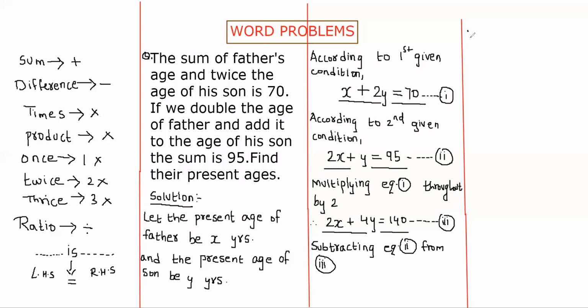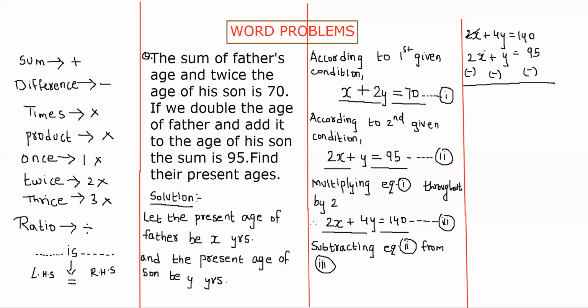So 2x plus 4y equal to 140, and then 2x plus y equal to 95. The sign will change on subtraction: plus 2x will become minus 2x, plus y minus y, plus 95 will become minus 95.